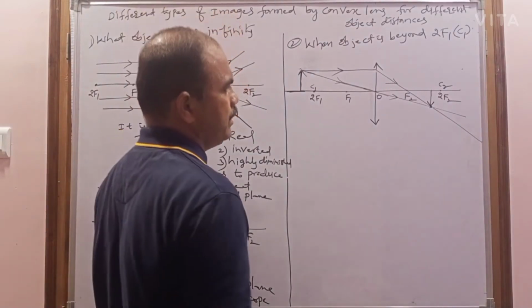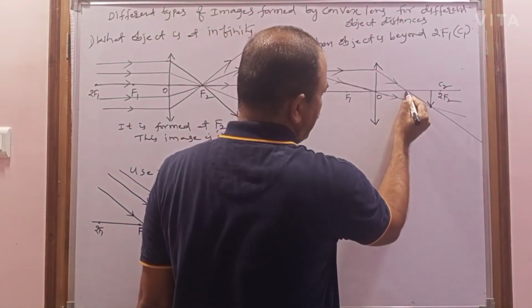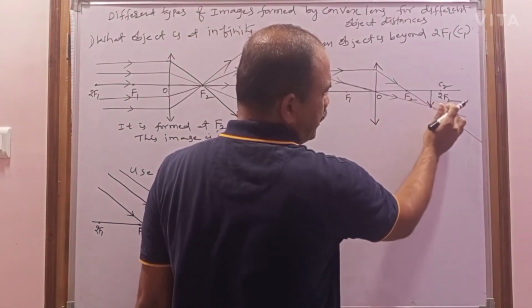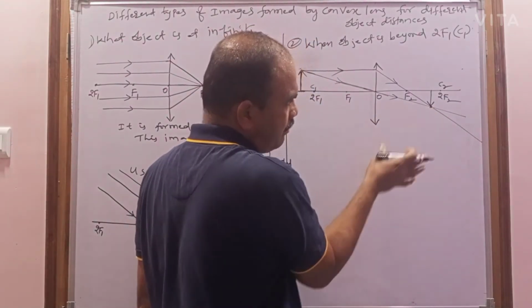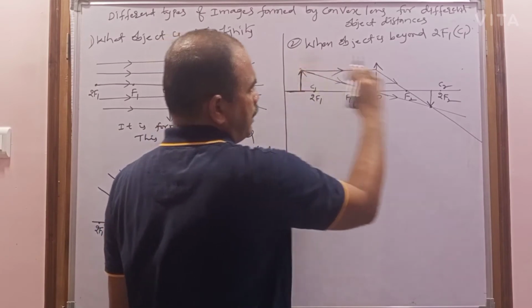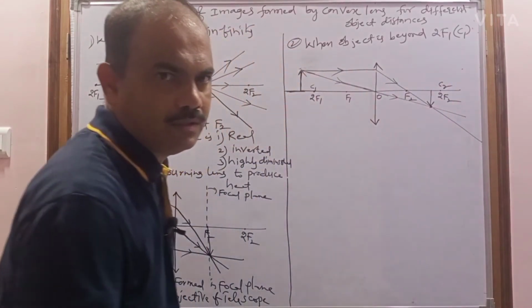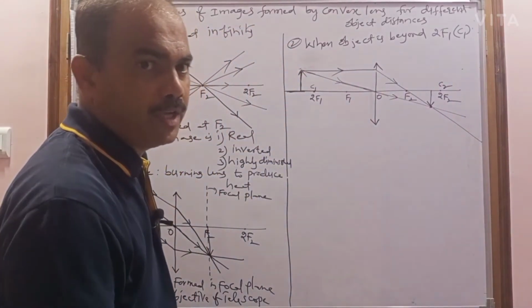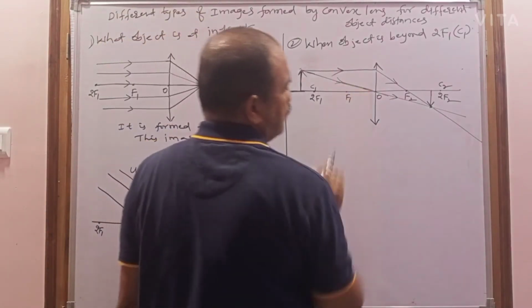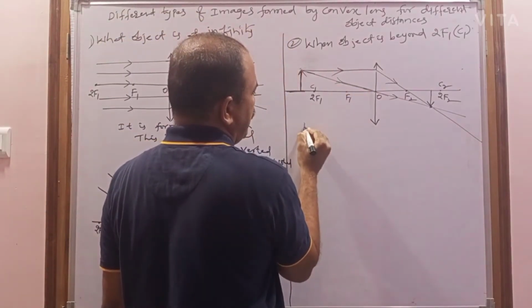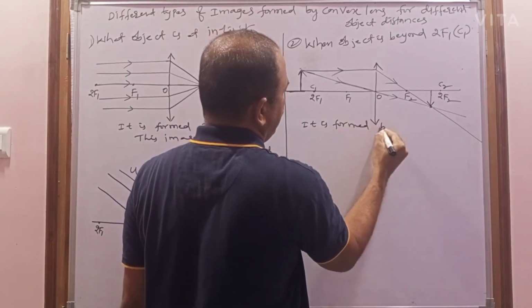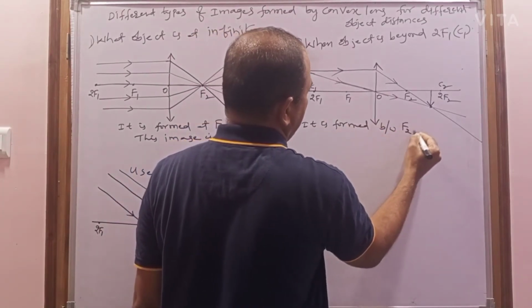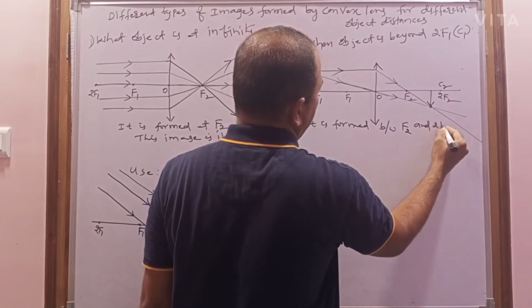The image is formed between f2 and 2f2, and it is a real image, and it is inverted, and compared to the object, the size is diminished.